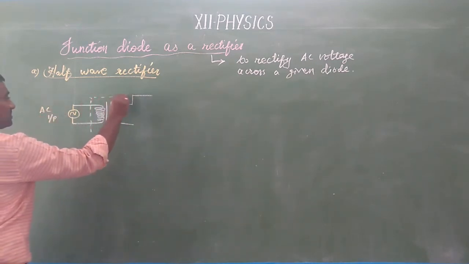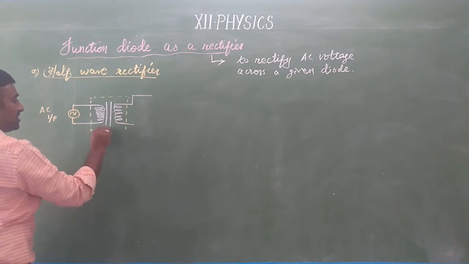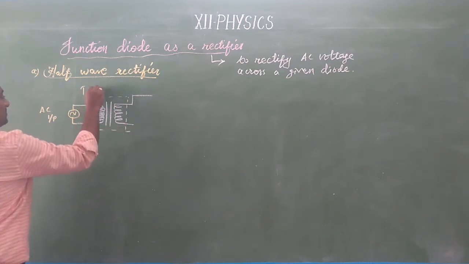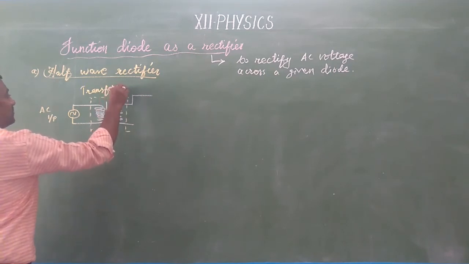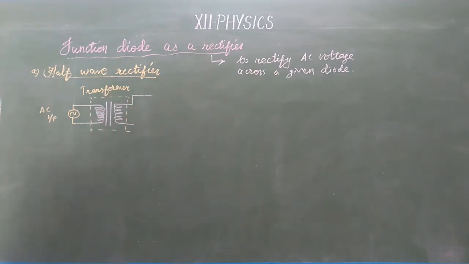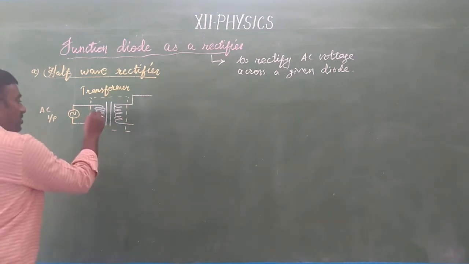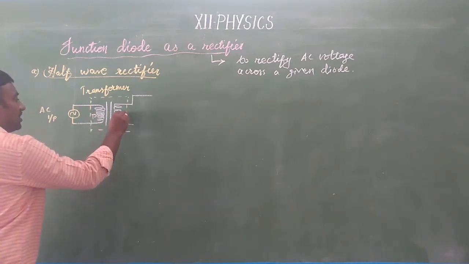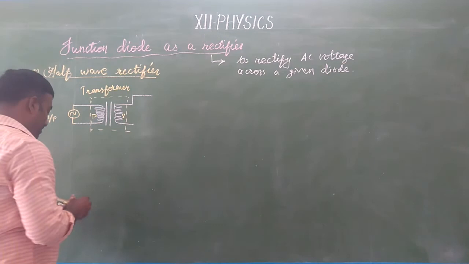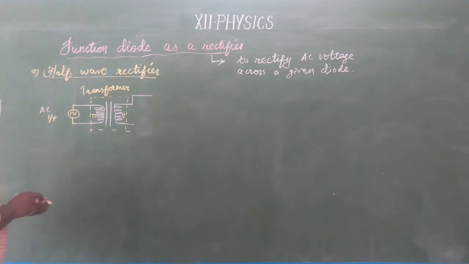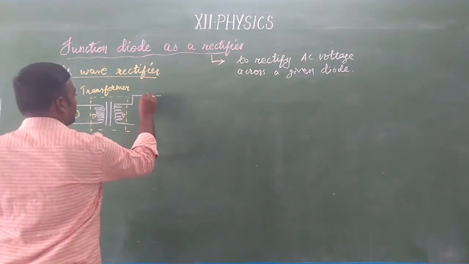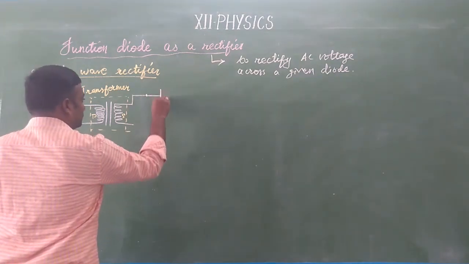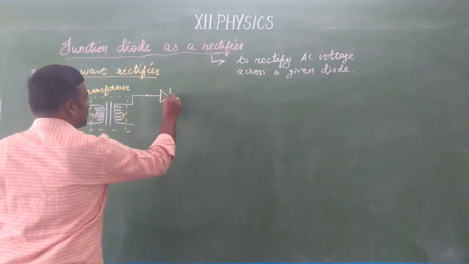It's an ordinary transformer. So what is a transformer? It is used to step up or step down the given input voltage. This is the primary coil and this is the secondary coil of the transformer. From the transformer, at a point here, a diode is used. This is a PN junction diode.